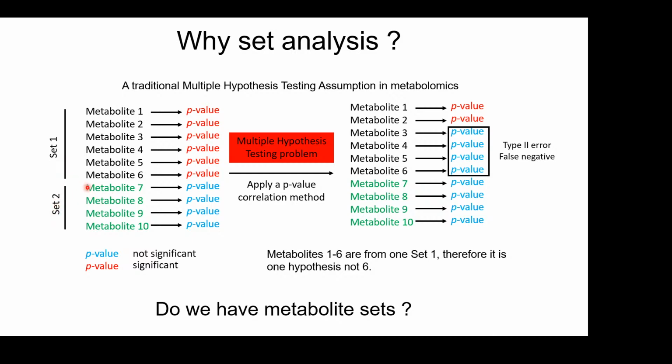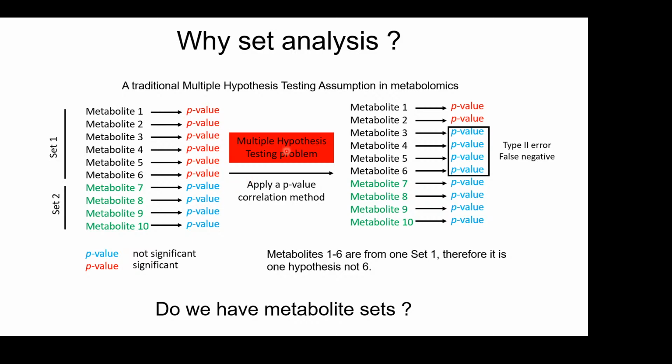These sets could be anything: class, pathway, modules. And we have these p-values, red and blue. Red p-values are significant, as they passed the 0.05 cutoff, and blue p-values are not significant, as they did not pass the 0.05 cutoff.